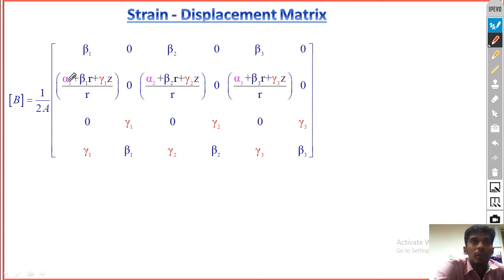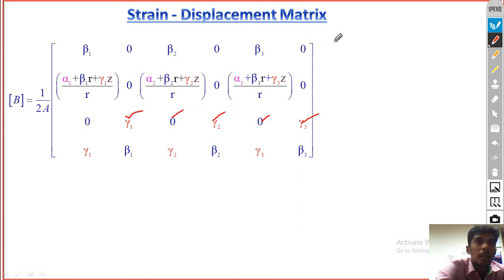In the second row you will get the parameters alpha 1 plus beta 1 r plus gamma 1 z divided by r, and the next term is 0. Similarly alpha 2 plus beta 2 r plus gamma 2 z divided by r, 0. Alpha 3 plus beta 3 r plus gamma 3 z divided by r, 0. Next, the horizontal displacement is 0, so for the vertical displacement: 0, gamma 1, 0, gamma 2, 0, gamma 3.